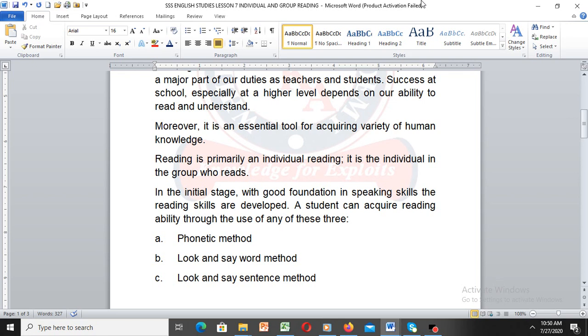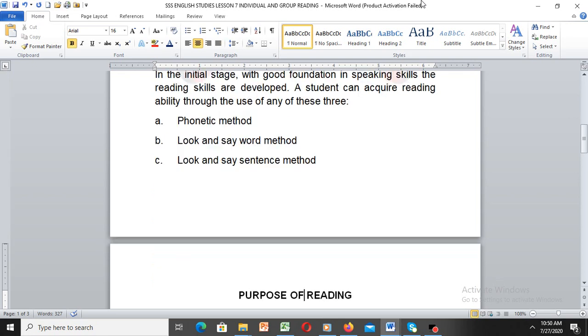Then look and say sentence method. The way sentences are constructed, you can look at it and say the way it is constructed. By so doing, it will help you as a student to acquire reading skills.